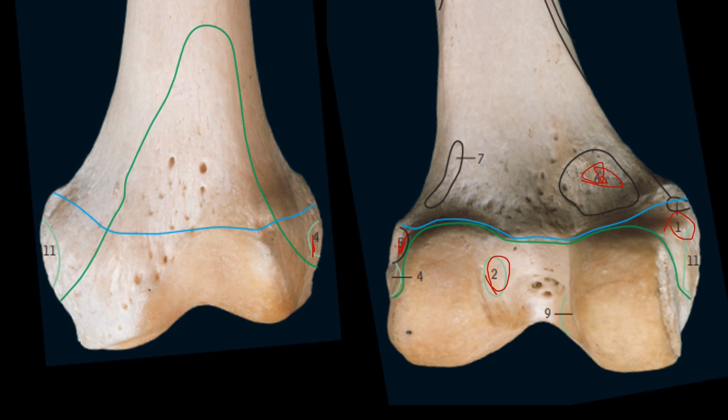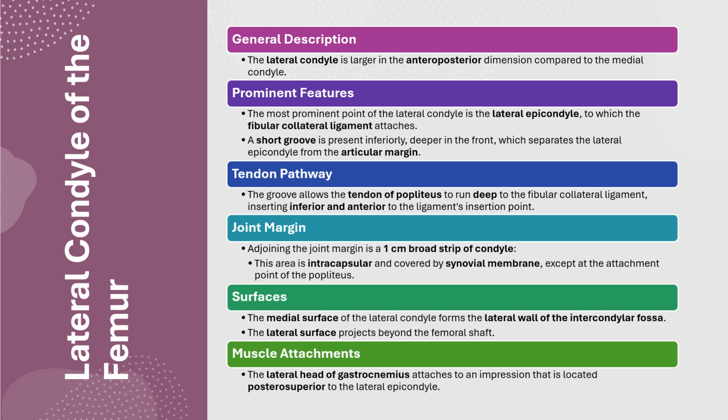At seventh, plantaris muscle is going to attach. At eighth, popliteus muscle is going to attach. At ninth, posterior cruciate ligament is going to attach. At tenth, short head of biceps femoris. At eleventh, tibial collateral ligament, at twelfth vastus intermedius, and at thirteenth vastus medialis is going to attach.